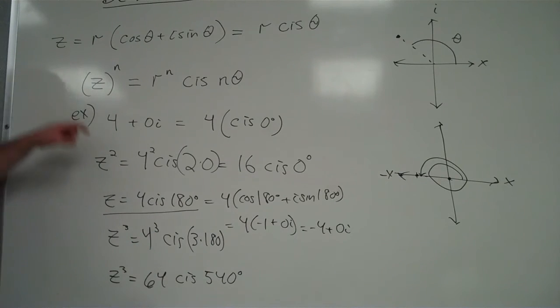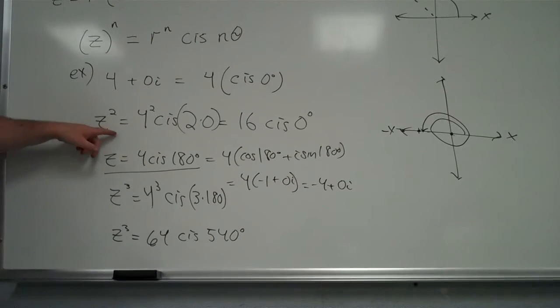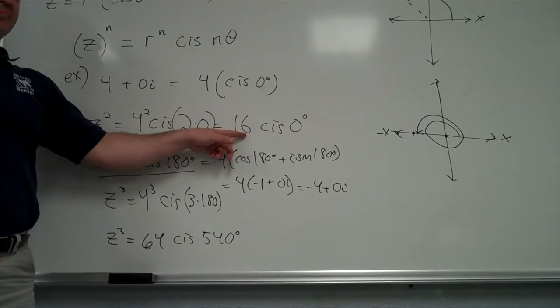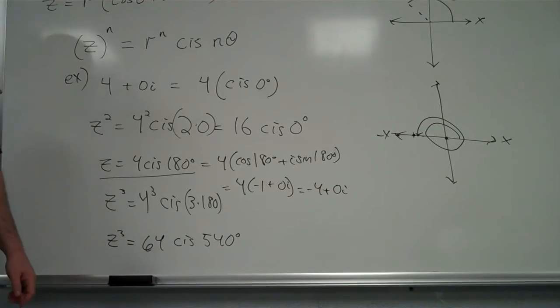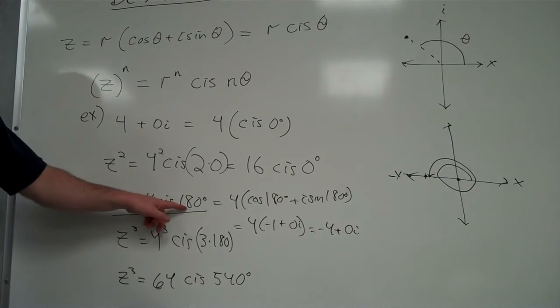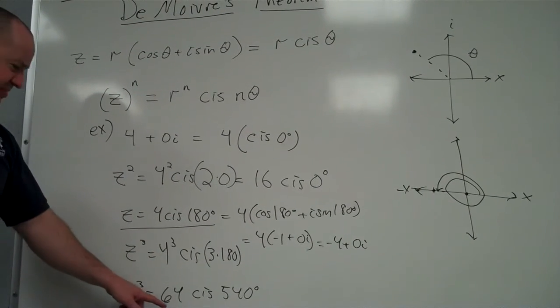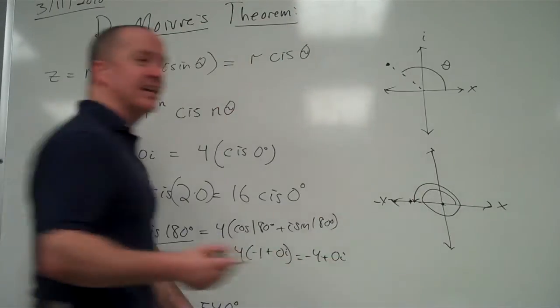Basically what I'm doing, Martina, is checking that this rule works for some real numbers that I know. 4 squared still gets me 16, but I'm calling it 16 cis 0. It's out in the real direction. 4 cis 180 is negative 4. Cube it, I get 64 in the 540 direction. So that's 64 out here on the negative x-axis.